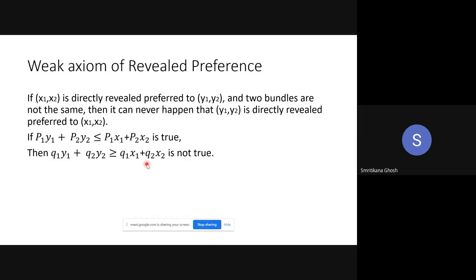So if it is clear, then I will go to show all those things. Yes, ma'am, you can show.